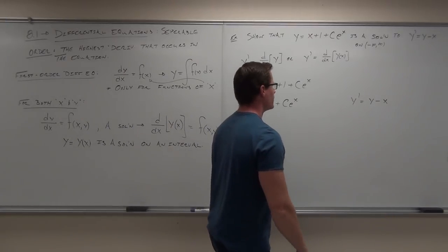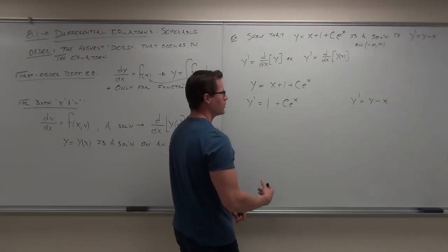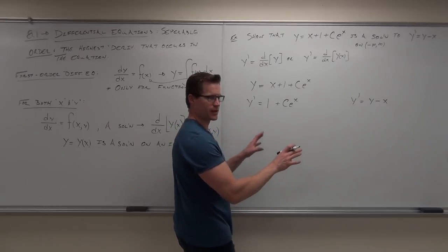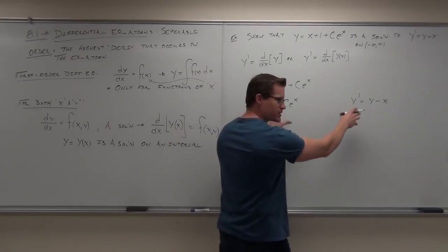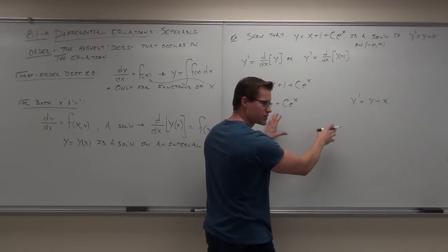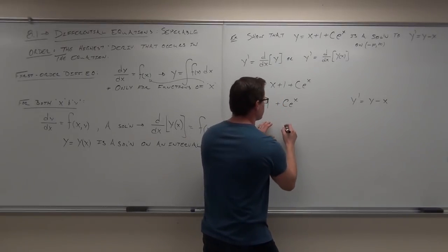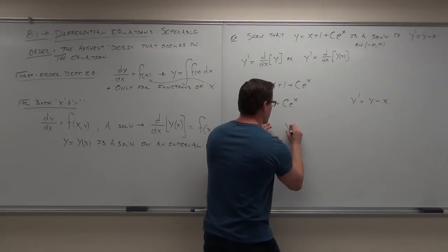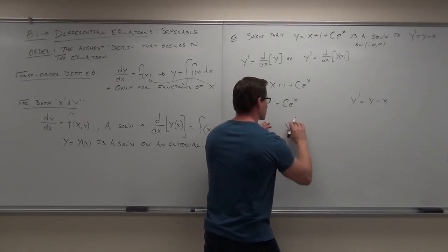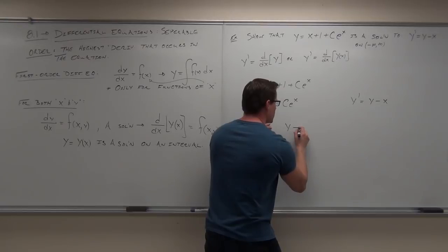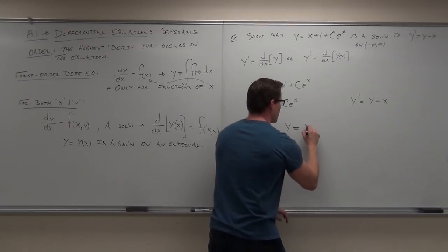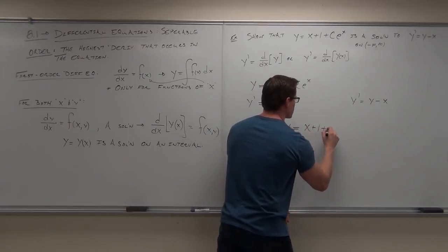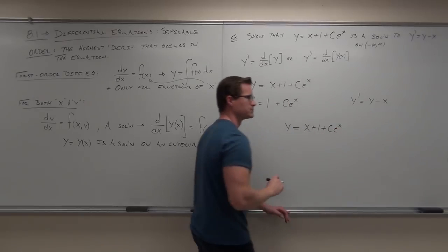Well, let's see about this. What we know, can I kind of take a little bit of these two things and move them together for you? Check this out. What we know is that y equals x plus 1 plus c e to the x. True?